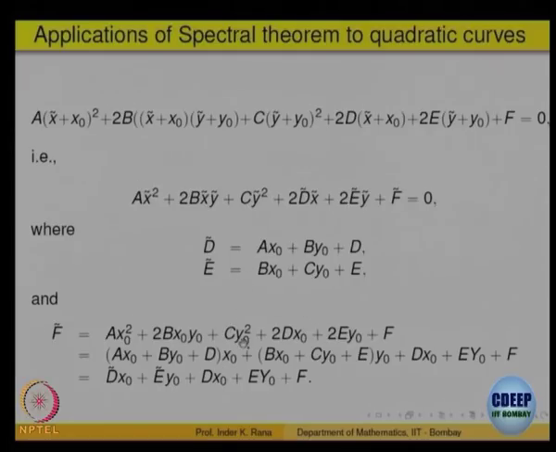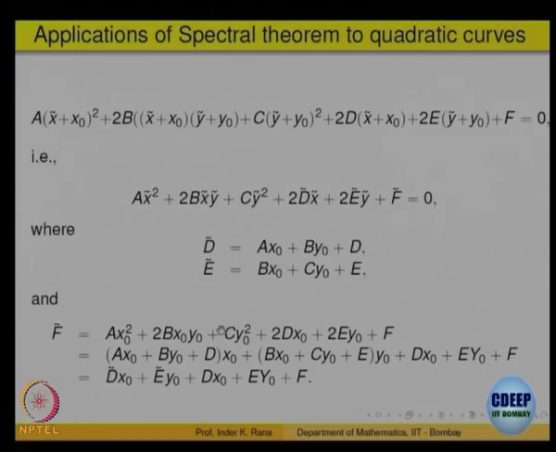Compute all these three quantities in terms of x 0 and y 0 and the original D, E and F, which are already given to us in the equation. So, this equation A, B, C, D, E, F all are given to us. Our aim is to find x 0, y 0 such that those terms vanish, right.